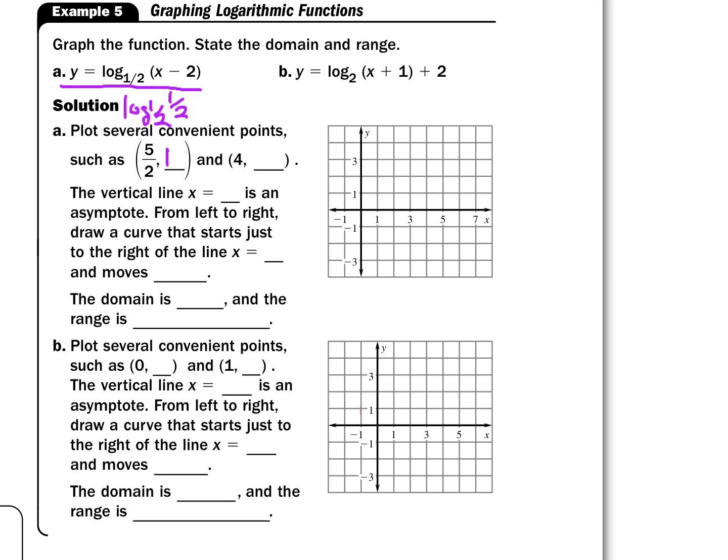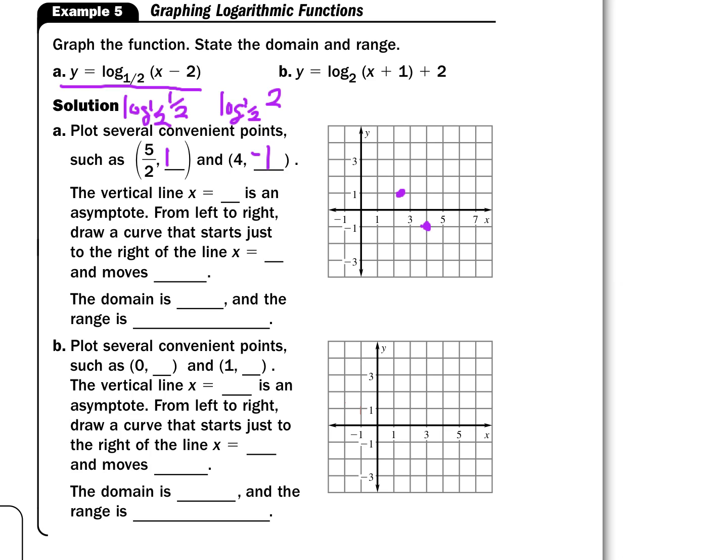So we have 5/2, comma 1. 5 over 2 is 2.5, comma 1. So we have a point right here at 2.5, comma 1. And then if I plug in 4, well, 4 minus 2 is 2, so log base 1/2 of 2, well, I know that 2 is the reciprocal of 1/2, so that must be negative 1. Okay, so 4, comma, negative 1.